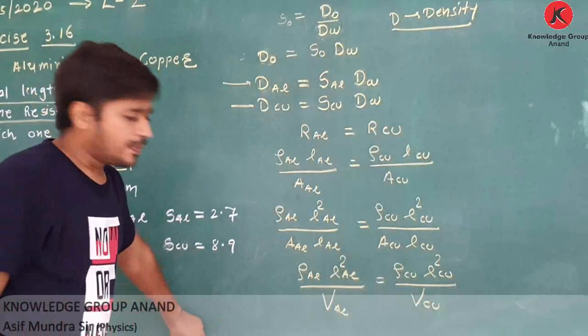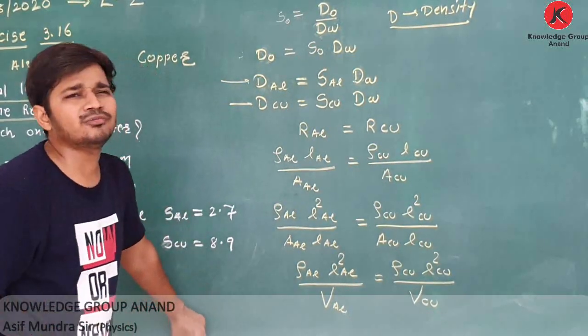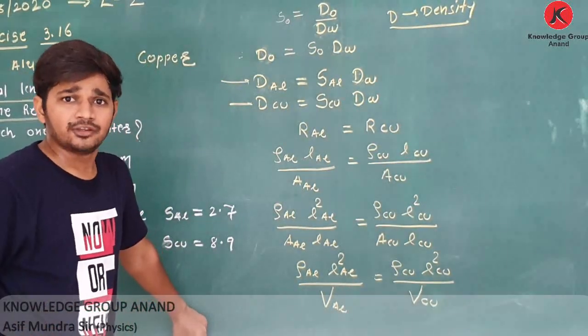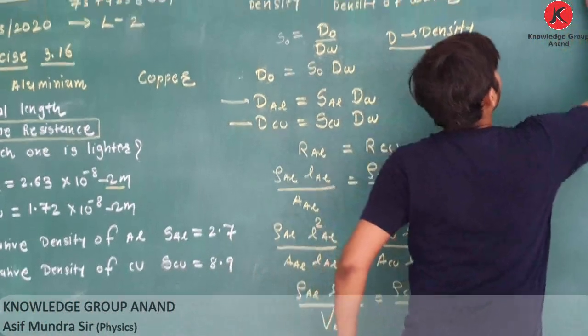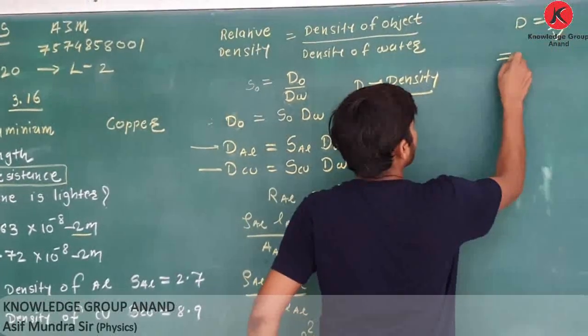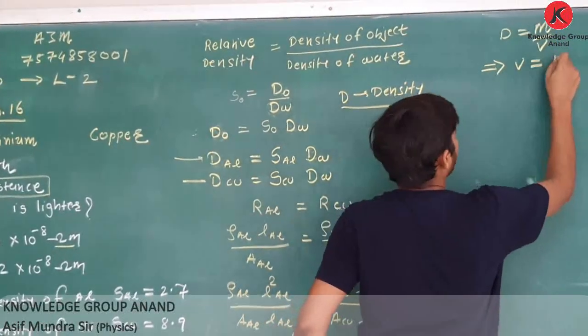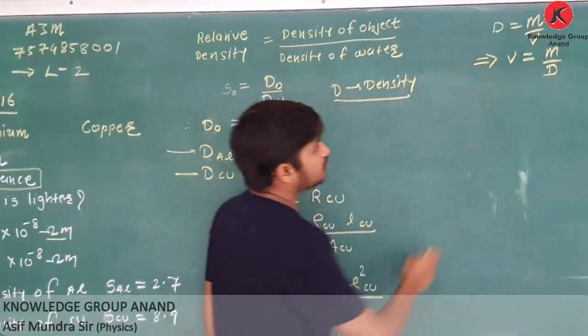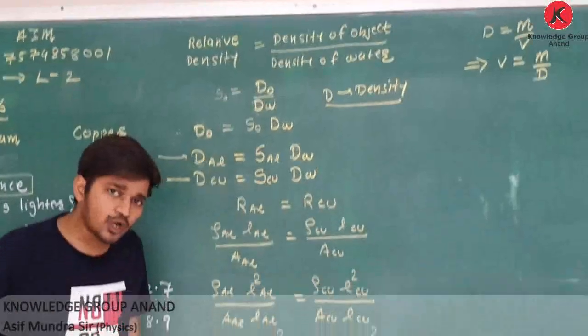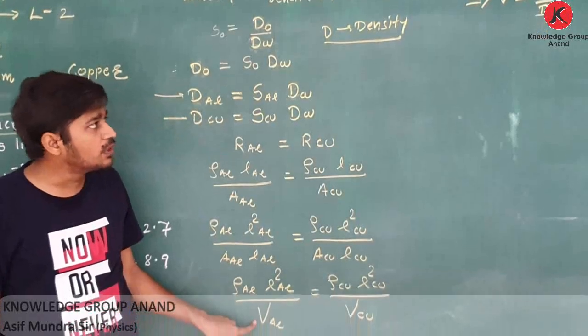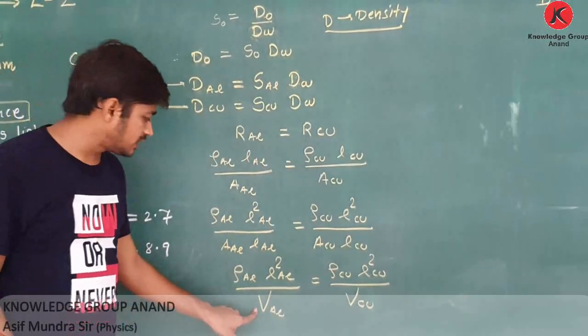Clear about this? Now, again it is volume. How to take mass? You know the relation. Density is equal to mass upon volume. Then volume is equal to mass upon density. Now I will replace this volume by mass upon density.